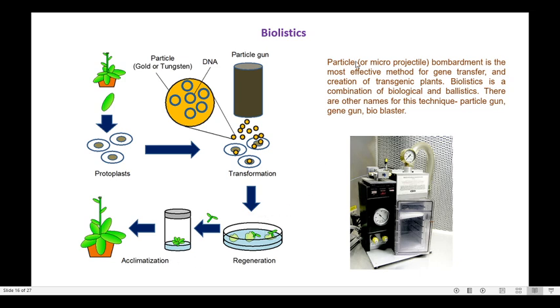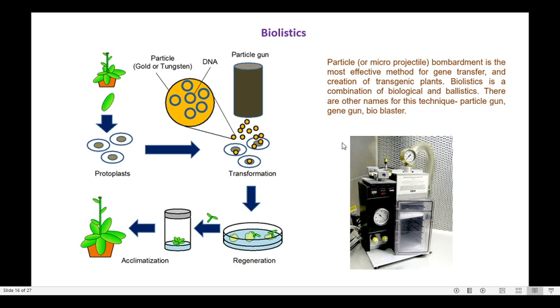The basic protocol involves: first we have to isolate the plasmid DNA with the recombinant DNA. We coat this recombinant DNA onto gold or tungsten particles, and these coated particles are shot into the plant cell using the gene gun, where high pressure is developed using helium gas under vacuum.